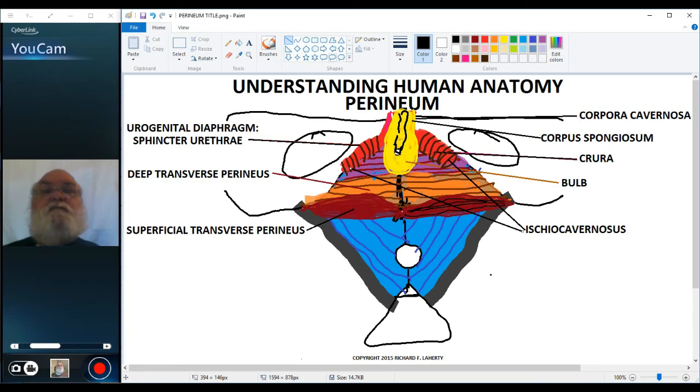And then wrapping around the bulb we have the bulbospongiosus muscle.